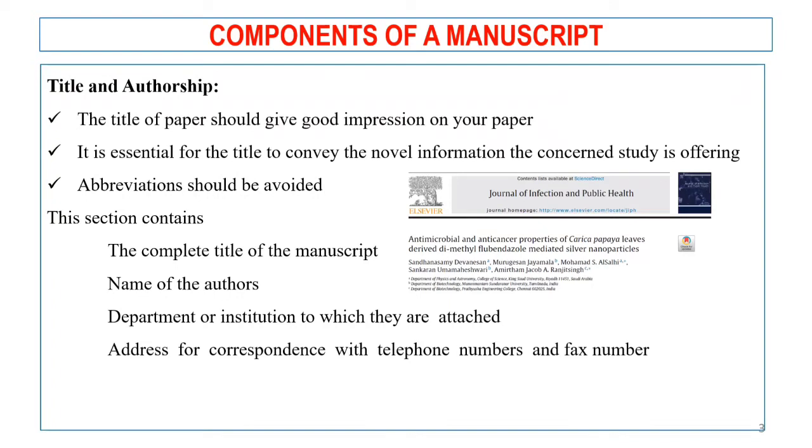In this figure, this is the Journal of Infection and Public Health. You can see here the title of the research paper, the names of the authors, the department they are working in, like department of physics and agronomy, and here their complete correspondence address.